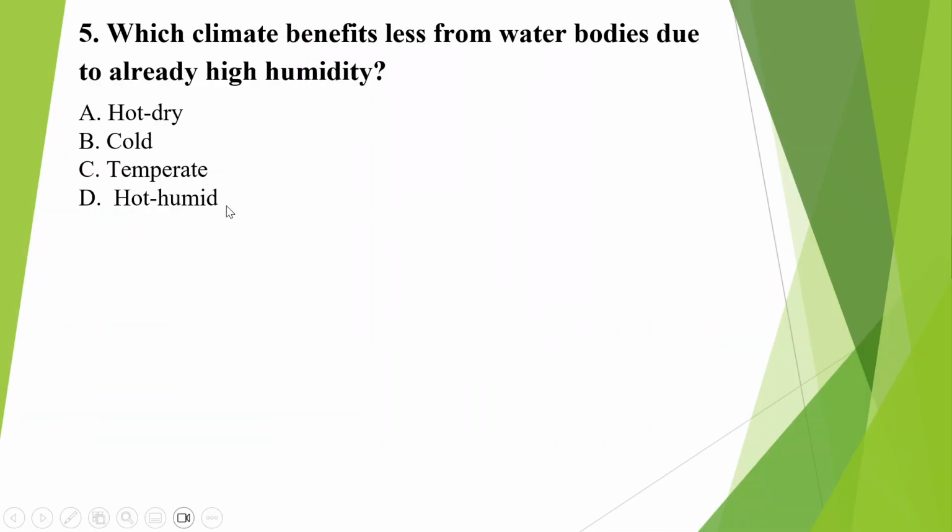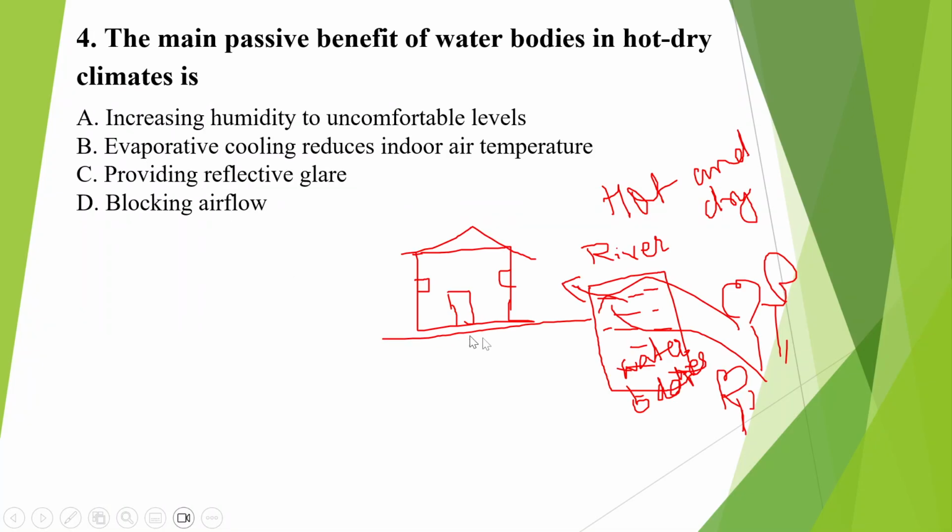Okay. So from the previous discussion, it is very clear that whenever the air is coming, or whenever this evaporative cooling is happening, the humid or wet air gets delivered inside the room.